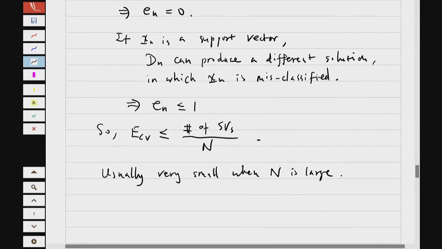So that's the idea, and that's another reason why SVM is a very nice learning model. Yeah, we can use cross-validation to show that it has small test error. Okay.